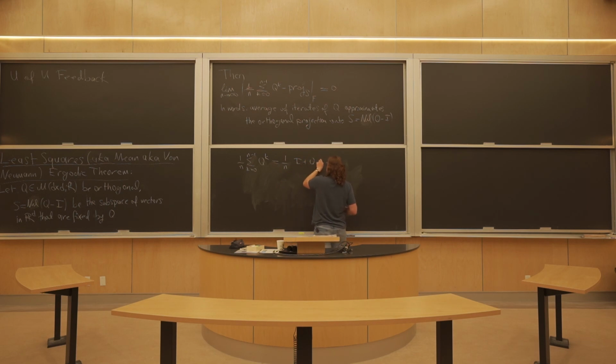I take my matrix Q, I keep iterating it. I have n steps starting from time 0. These are matrices, and then I take the average. So I add them up and divide by n. That's the average. I'm telling you, the larger n is, the longer I wait to add everything up, the better it gets to the orthogonal projection.